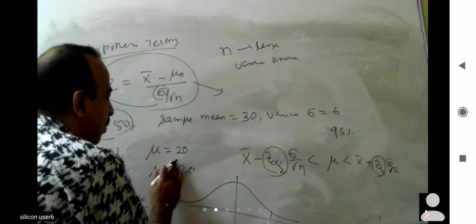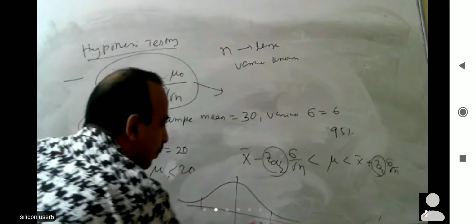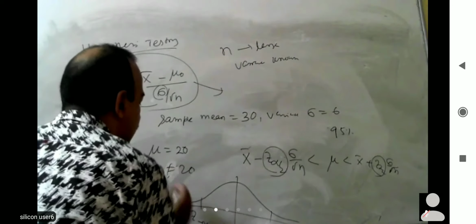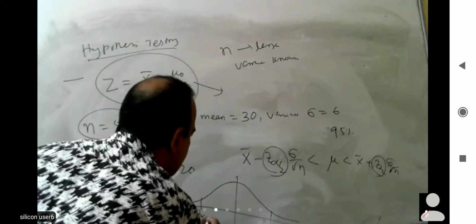If it is a left tail, we take minus Z alpha. If it is a two tail, then we take Z alpha by 2 and minus Z alpha by 2. Got it?